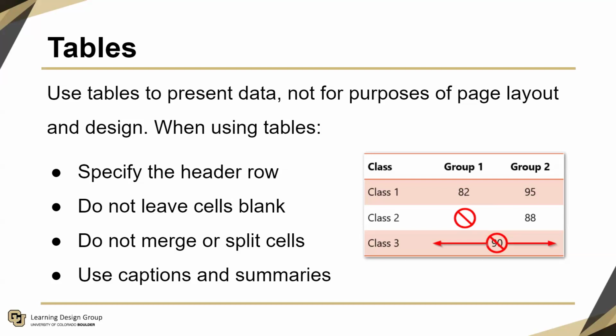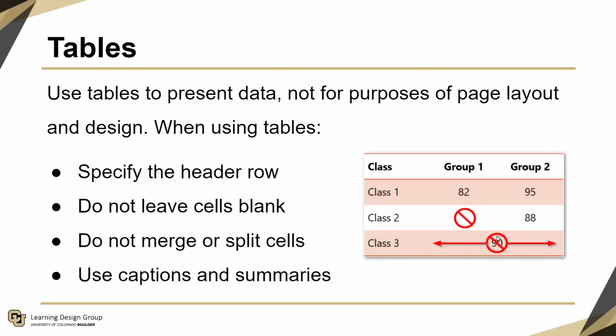And finally, when it comes to merge and split cells, do not merge or split cells. Each cell should belong to only one table heading. This also creates issues with the reading order for assistive technology users. So in this case, my screen reader is not going to know where this 90 belongs.